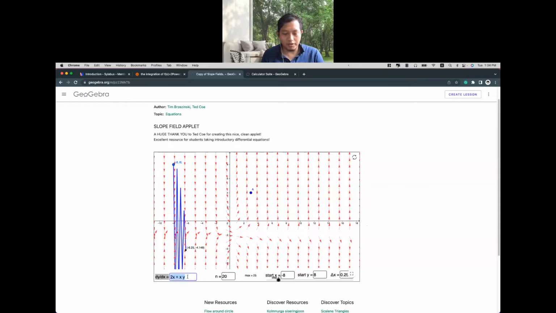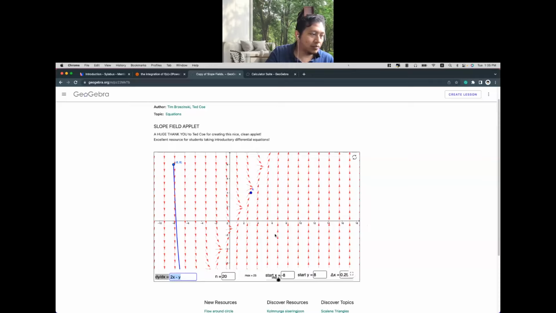Or maybe we can have 2x - y. It becomes like that, and basically you can move this in any way you want.